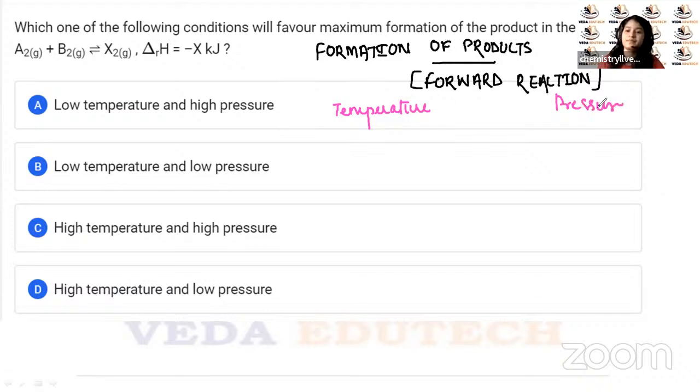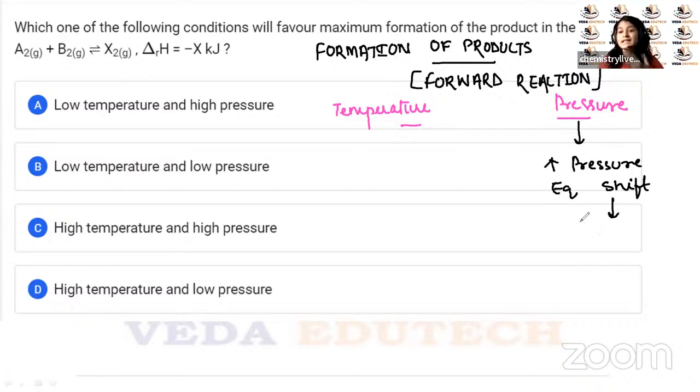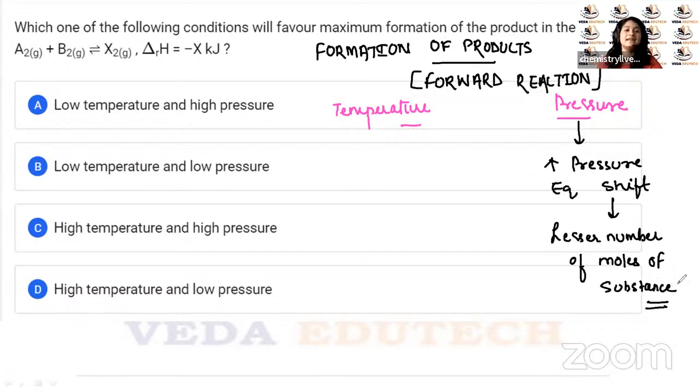You might know that when you increase the pressure, the equilibrium will shift in that direction where there is a lesser number of moles of substance.